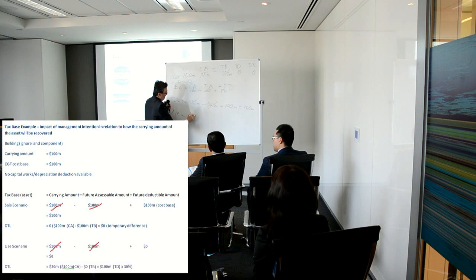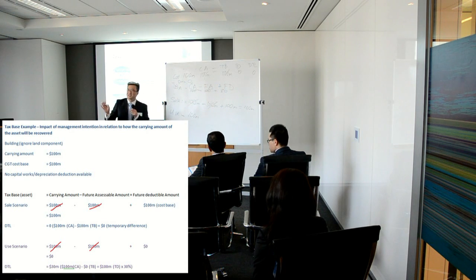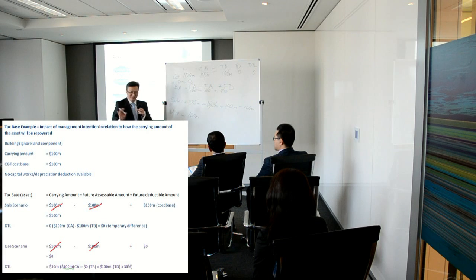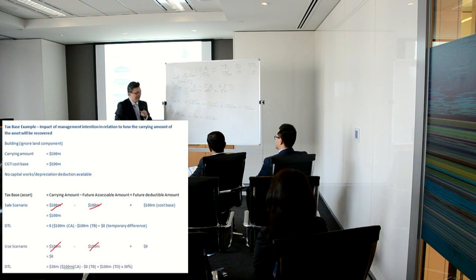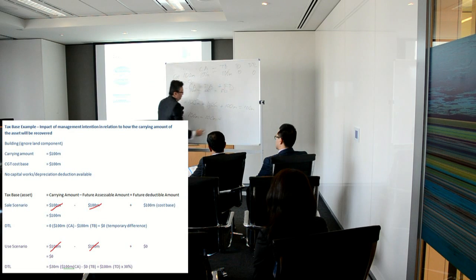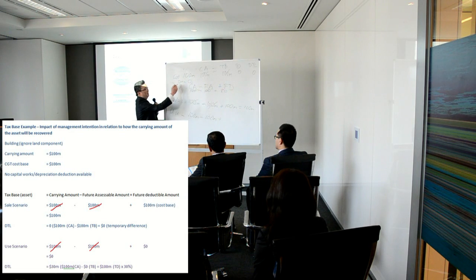Now under the use scenario, I'm going to generate 100 million of rent, sales proceeds, service income. Carrying amount, I'm going to generate sales, service income, 100 million. Because Division 43 deductions is 0, the future deduction that I'm going to get from that asset is 0.